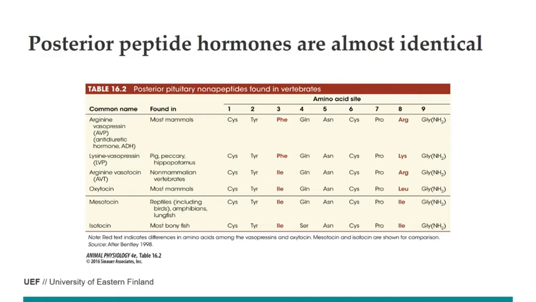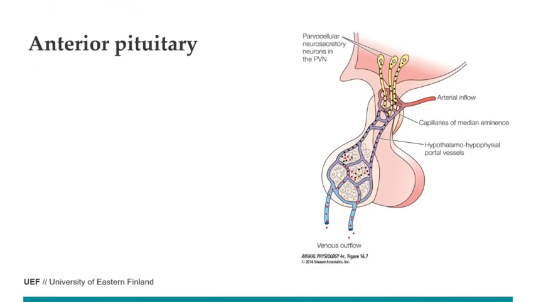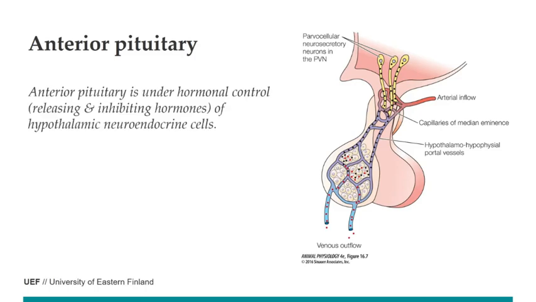Okay, we are releasing two hormones from the posterior part of the pituitary gland, and then of course we have the anterior pituitary. And again we have neuroendocrine cells in the hypothalamus.